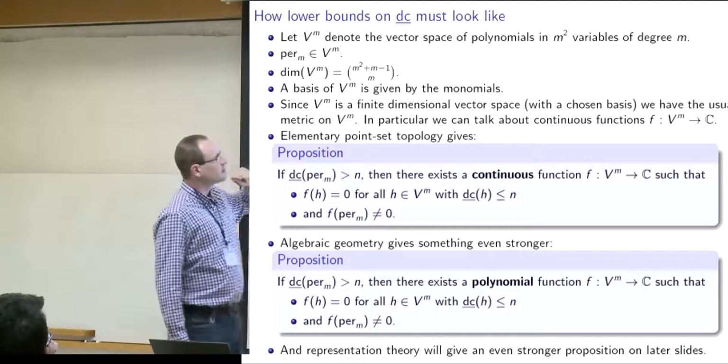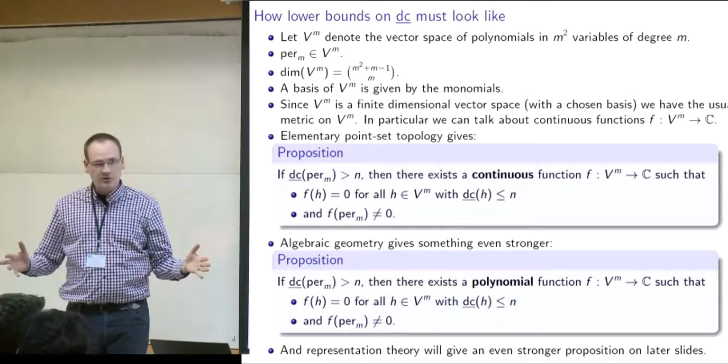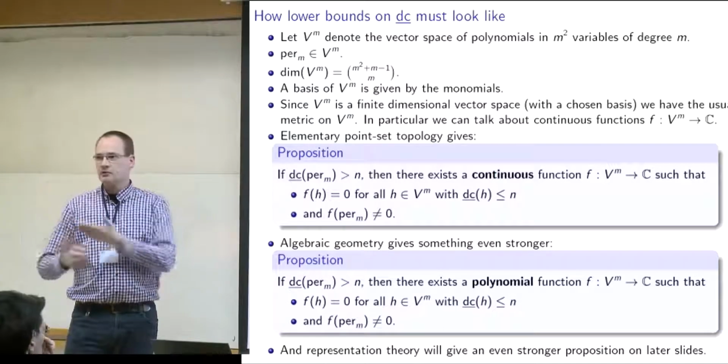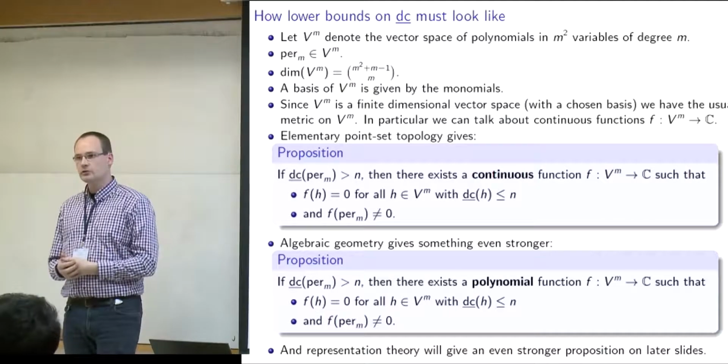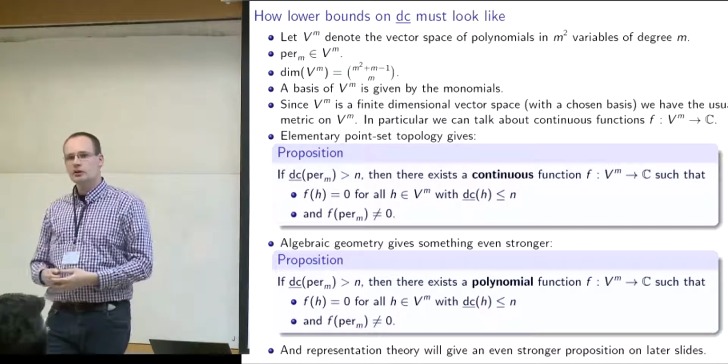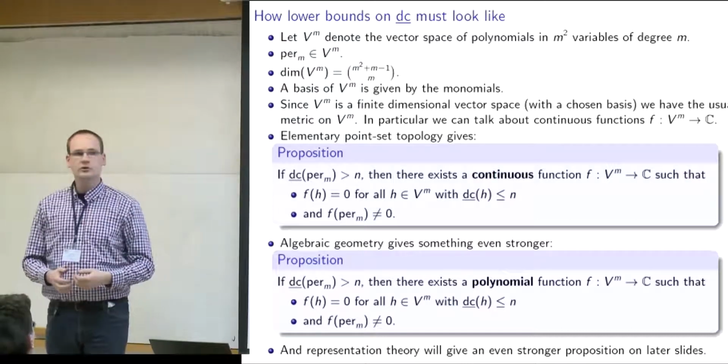This is just a finite dimensional vector space, so we have a usual metric. If you have two polynomials, you can measure the distance between them. A polynomial is just the vector of its coefficients, so you have two polynomials as two vectors of coefficients, and you just measure the distance of these two in the usual way.